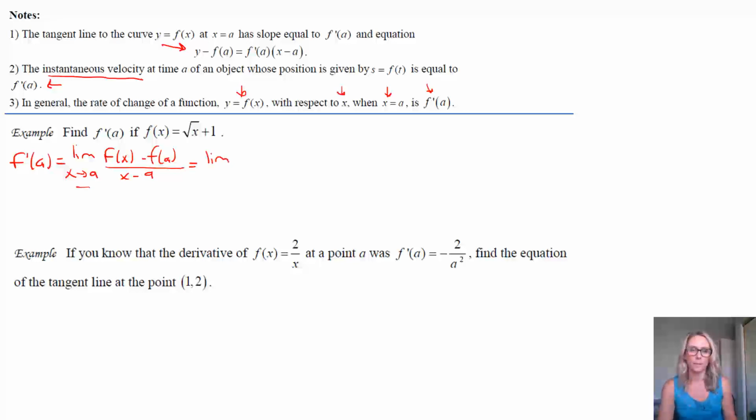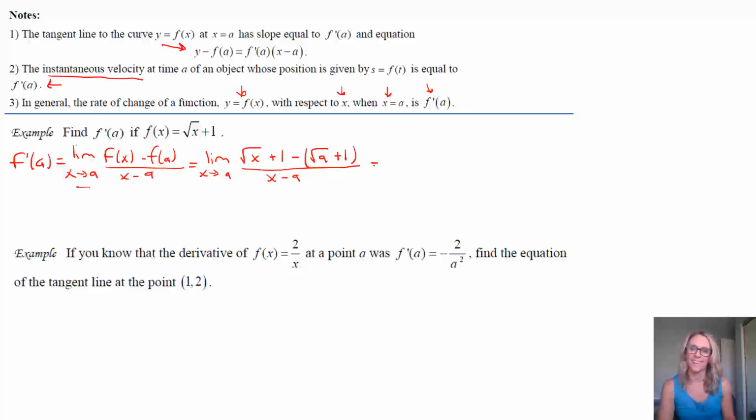So the setup is the limit as x approaches a, and then we just put f of x, square root of x plus 1. Then we subtract just what happens when we plug in a. And notice the square root of x plus 1, when you plug in a, the square root of a plus 1. So it looks like that. Notice the parentheses because I have to subtract it. And then in the denominator, exactly what we have, x minus a.